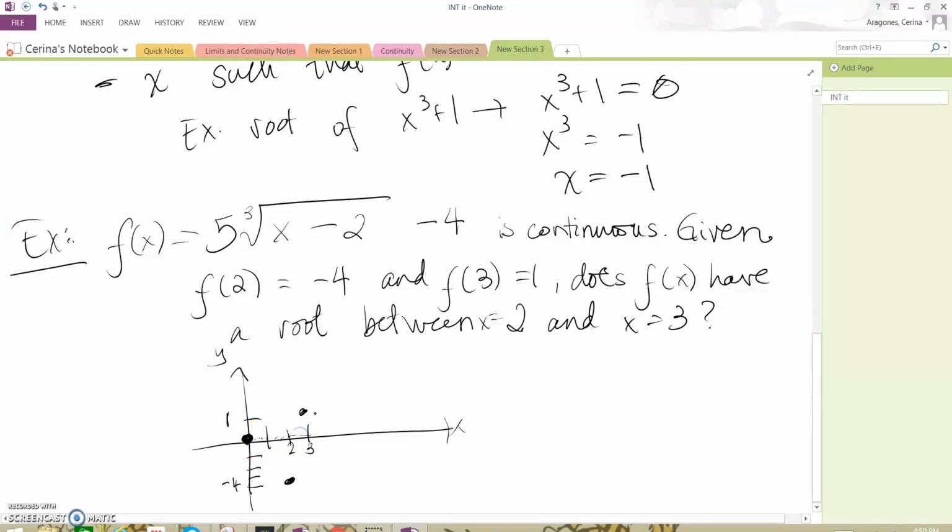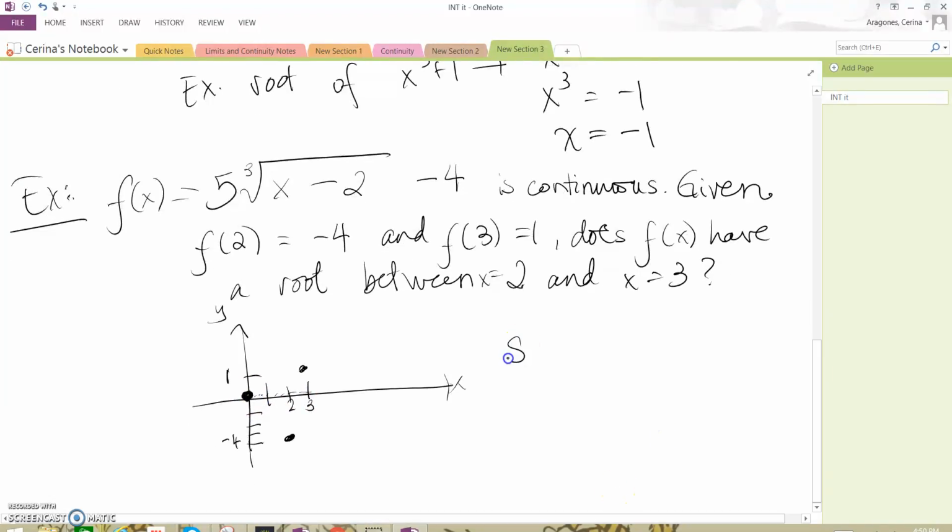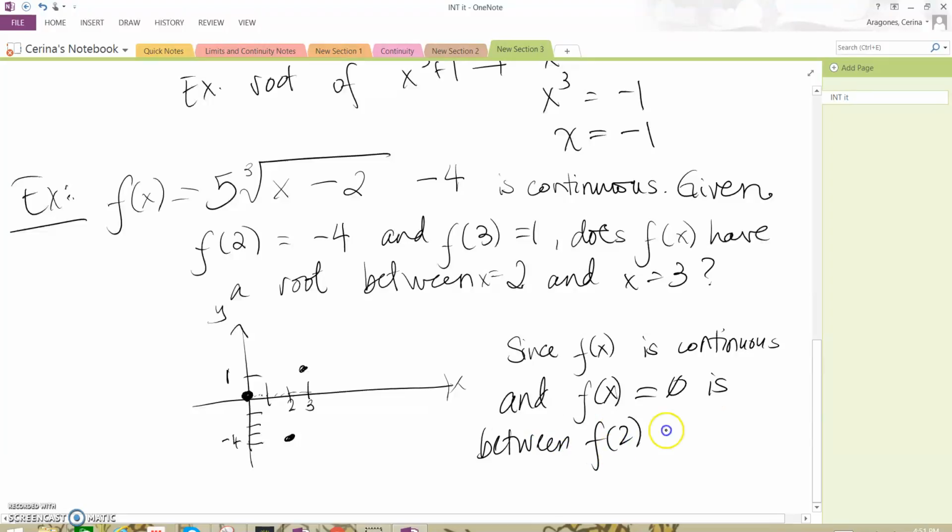So according to the intermediate value theorem, since f of x is continuous, and f of x equals 0 is between f of 2 and f of 3, you can see here's f of 2 right here, and here's f of 3. So f of x equals 0 is in between those two values.